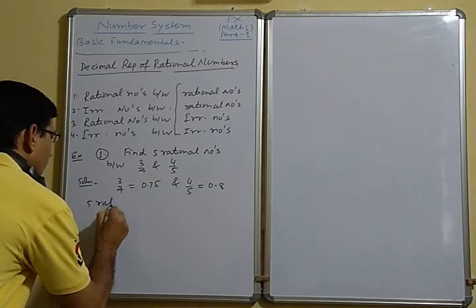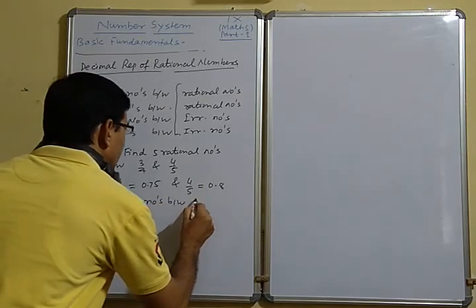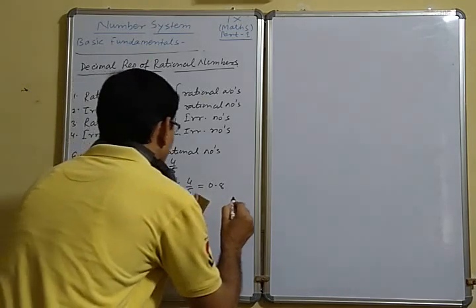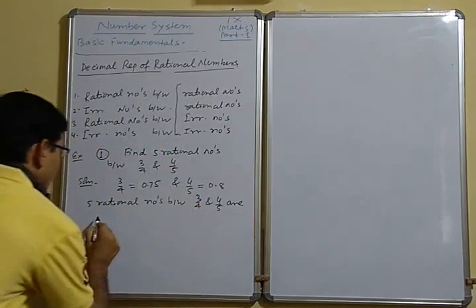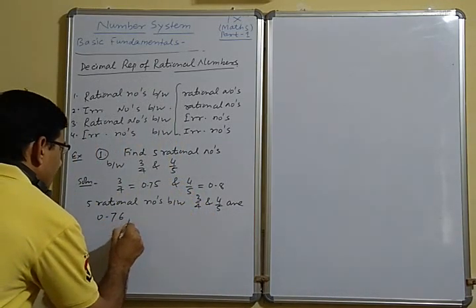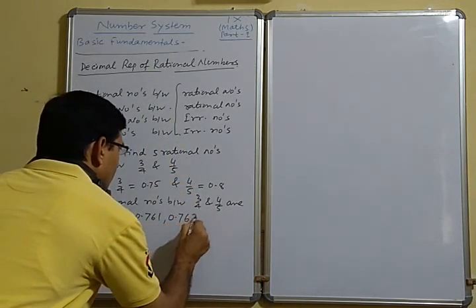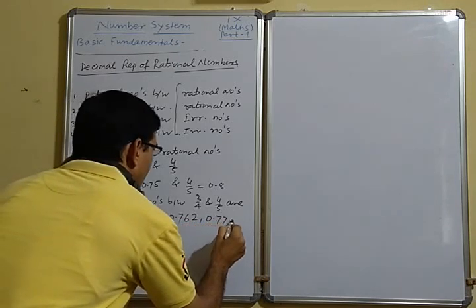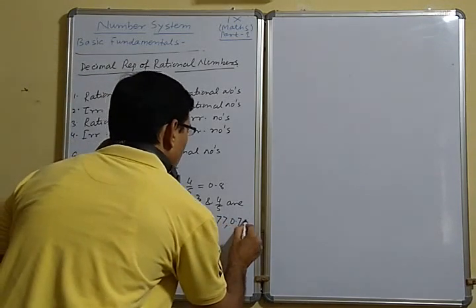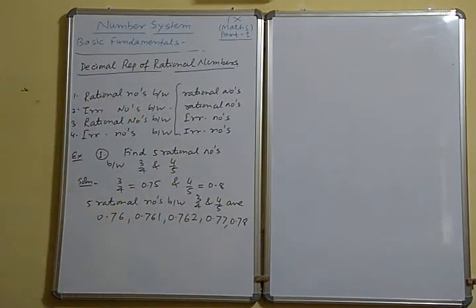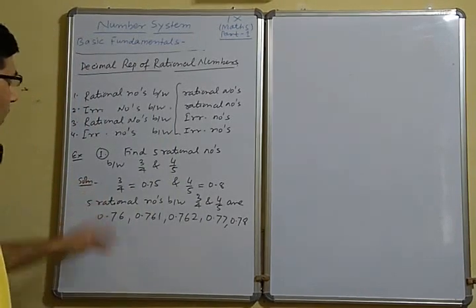So 5 rational numbers between 3/4 and 4/5 are 0.76, 0.761, 0.762, 0.77, 0.78, and so on. These are rational numbers. You can write some different rational numbers between these two given rational numbers.